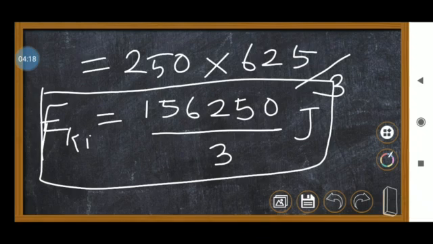In the next case, just notice this value, the next case is 60 kilometer per hour.